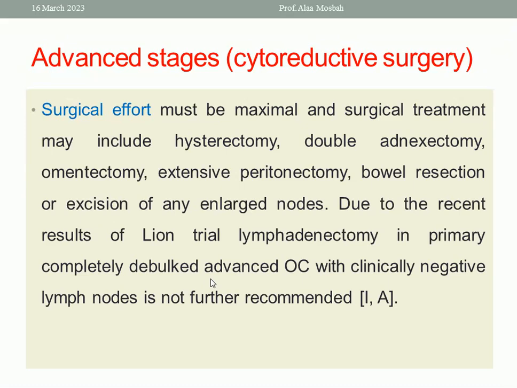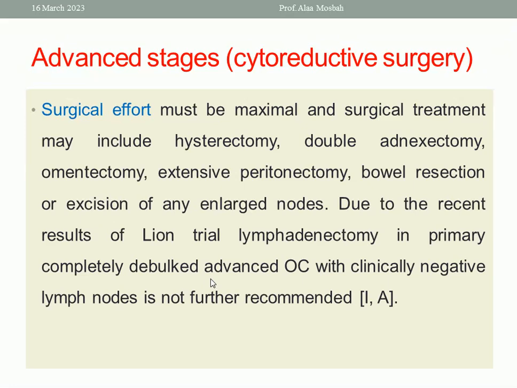So, you should look first if these lymph nodes are clinically pathologic or appear normal. If normal, no lymphadenectomy in advanced ovarian malignancy. This is the result of the LION trial, and this is the guideline.